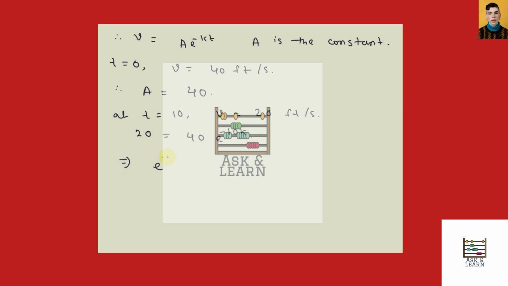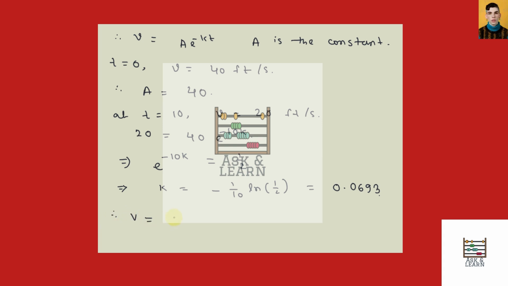This implies e to the power minus 10k is equal to half. So k is equal to minus 1 by 10 into log of half, that is equal to 0.0693.